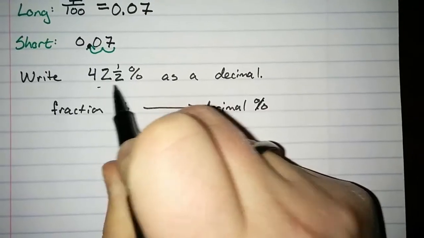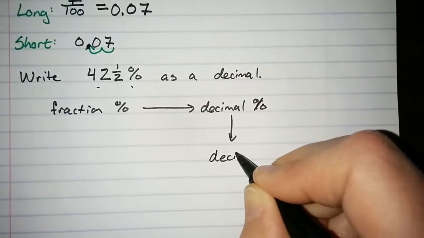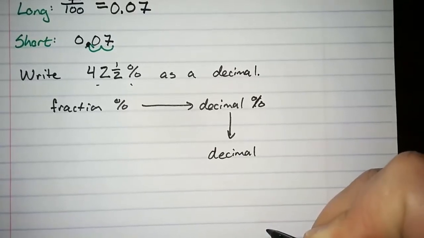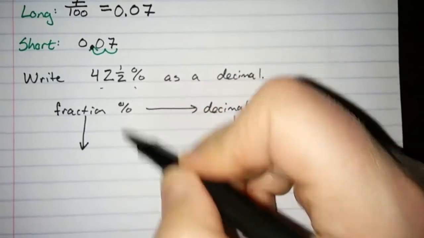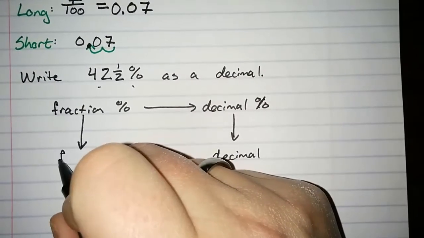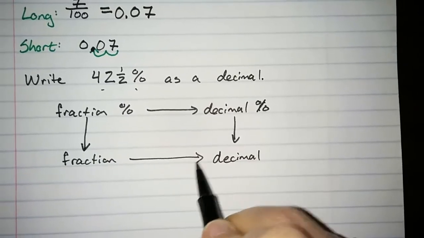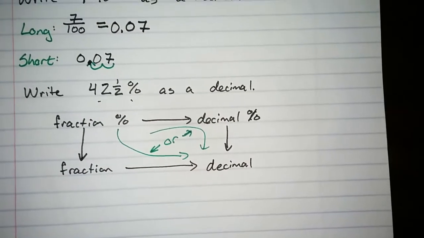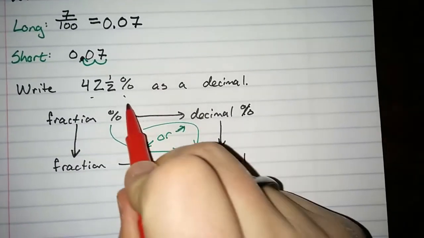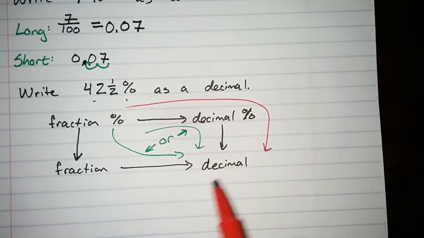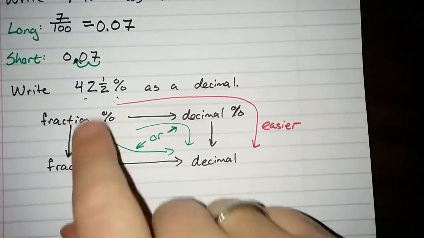That is, convert this number to a decimal, and from there convert our decimal percent to a decimal. Or we could convert our fraction percent to a fraction, and then convert that fraction to a decimal. We can choose whichever one we want, but unless we have a really good reason, this way is usually easier. I'm going to use this method for this example.